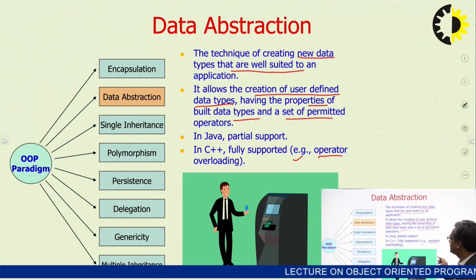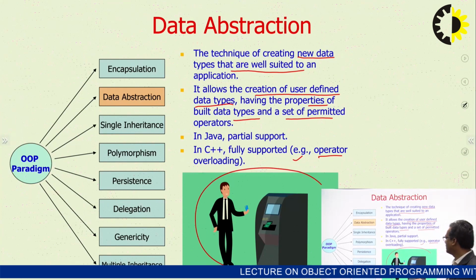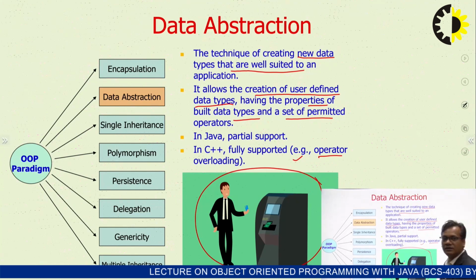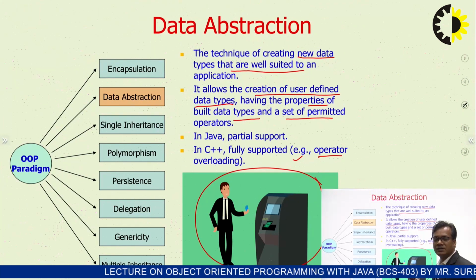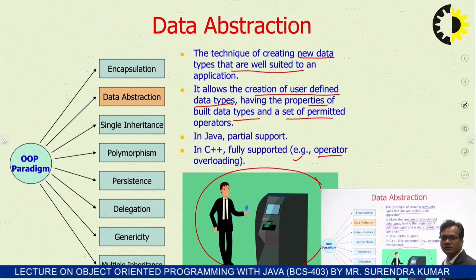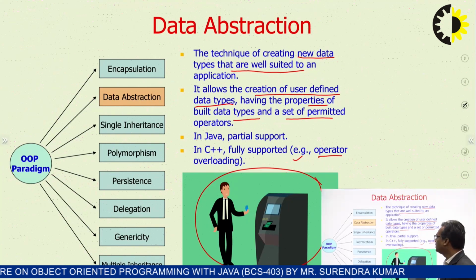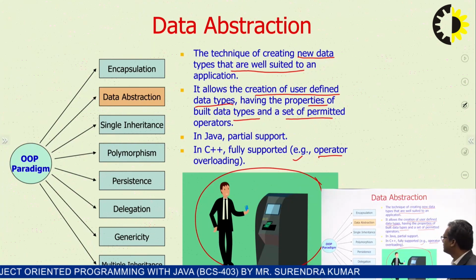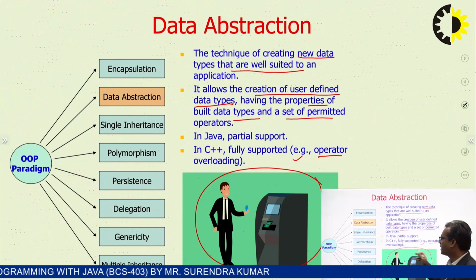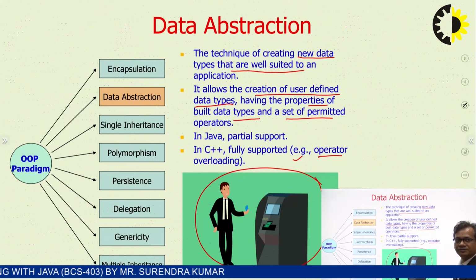Here you can see an abstraction example, a real world example of an ATM card. You have an ATM card on a machine. That ATM card is a completely abstracted form of your account, which contains all the information, or this is a bank abstraction of ATM.